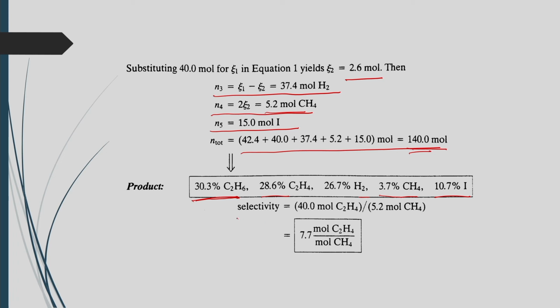Based on this you can calculate the selectivity. Selectivity is defined as the mole of ethylene produced based on the amount of methane byproduct produced. So this is simply 40 by 5.2, which comes to 7.7 mole of ethylene per mole of methane in the outlet stream.